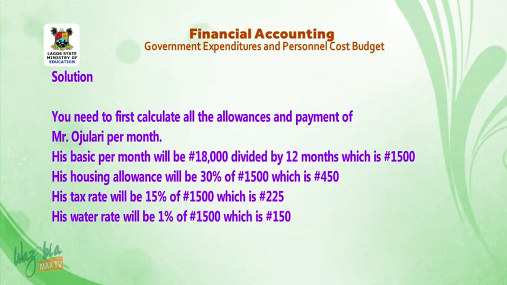His tax rate will be 15% of 1,500 naira, which is 225 naira. His water rate will be 1% of 1,500 naira, which is 15 naira.